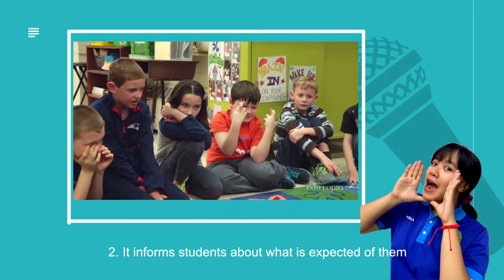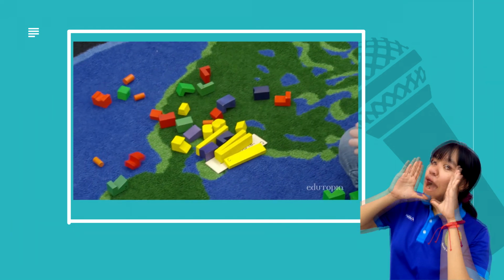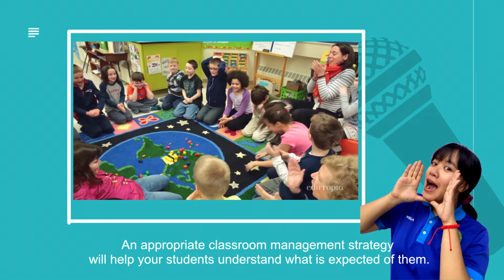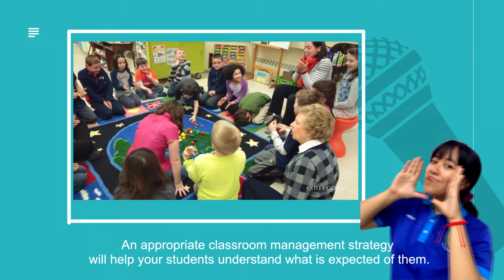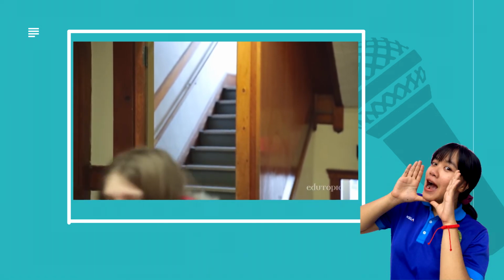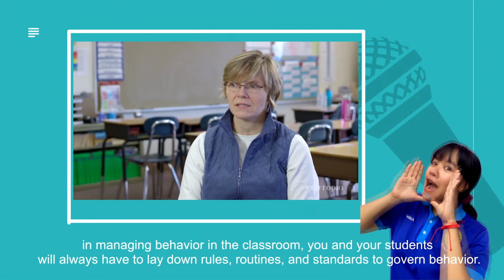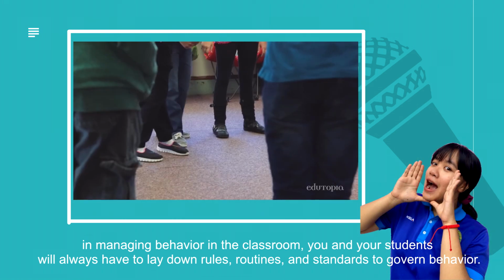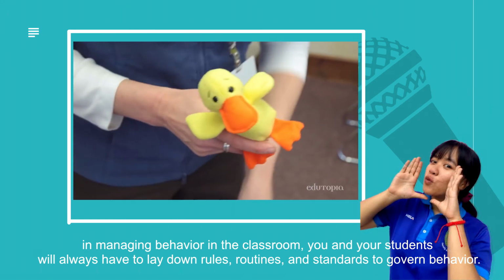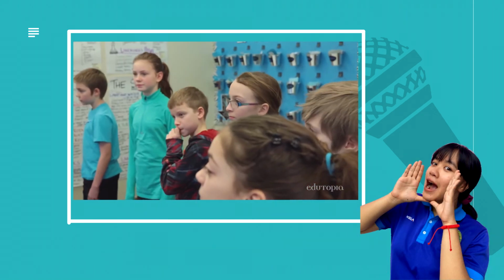Two. It informs students about what is expected of them. An appropriate classroom management strategy will help your students understand what is expected of them in managing behaviors in the classroom. You and your students will always have to lay down rules, routines, and standards to govern behavior.